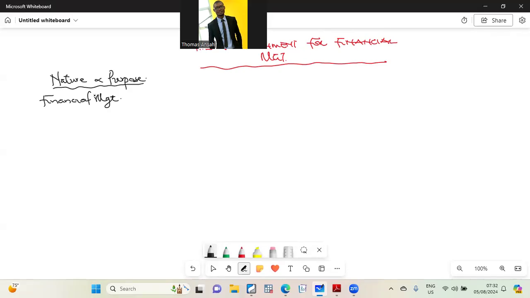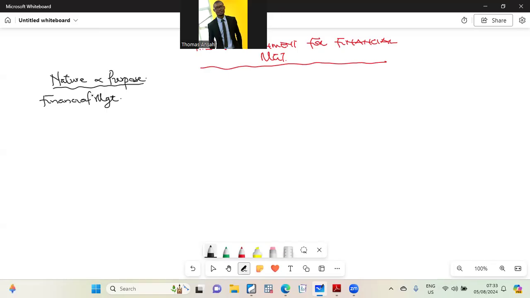So when you talk about financial management, we are actually talking about the management of finances of an entity so that the entity can achieve its financial objectives, all right? Here, our concern is about the efficient acquisition and the deployment of both the short-term and long-term resources of an entity.